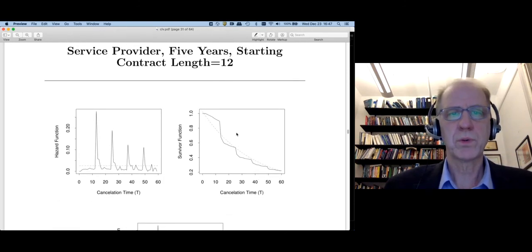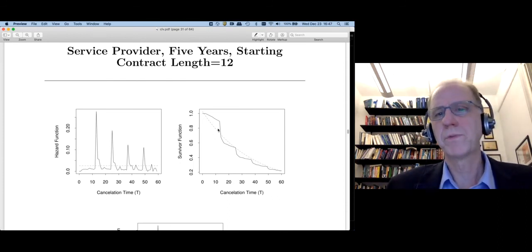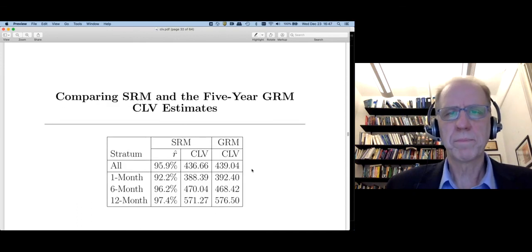You could look at it for the 12s. The 12s have a radically different hazard function using the general retention model versus the simple retention model. Here the survivor functions differ a bit more. We can go compare these estimates, though, across them.